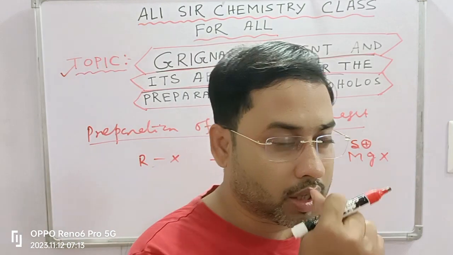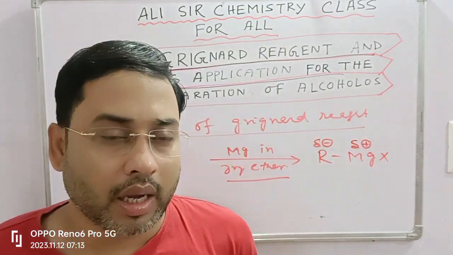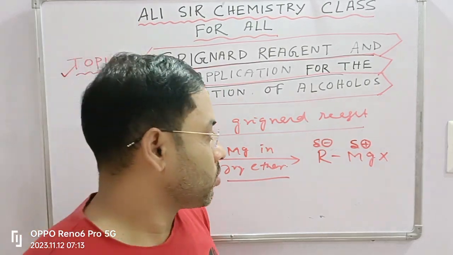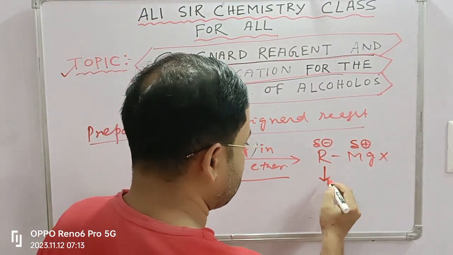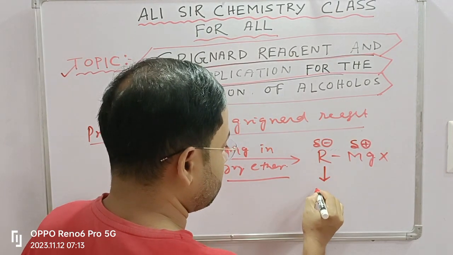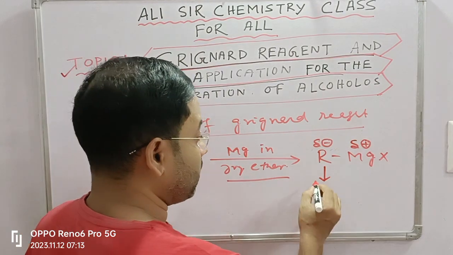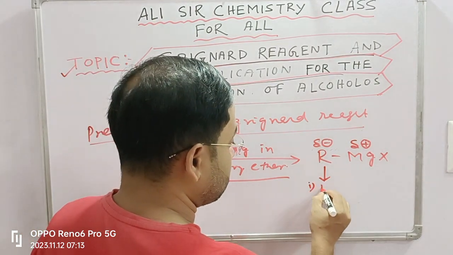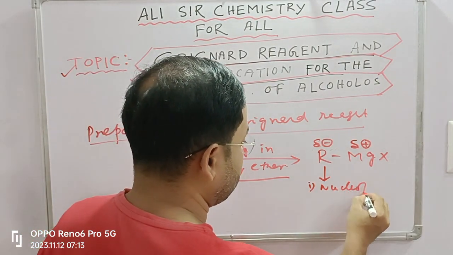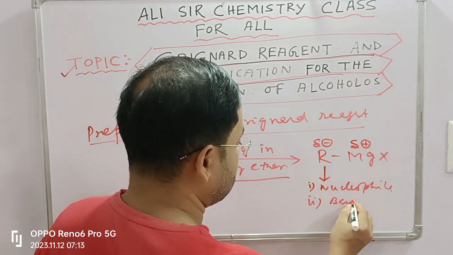So the carbon center will become negative and it will act as a nucleophile as well as a base.